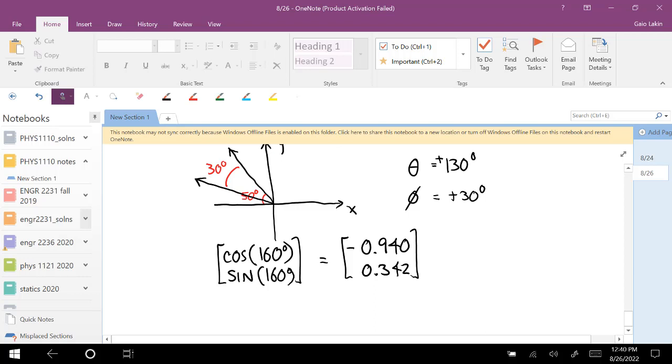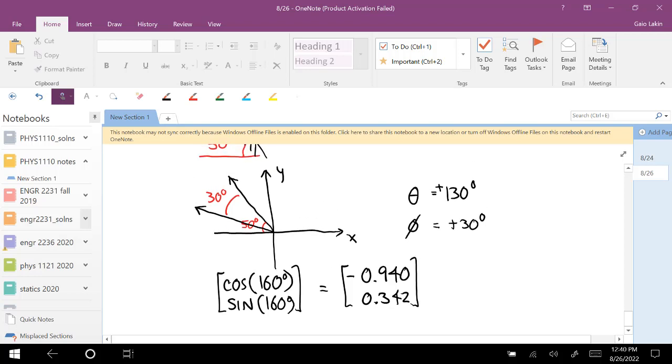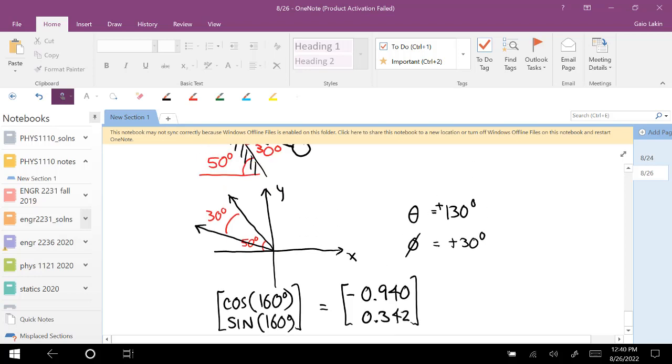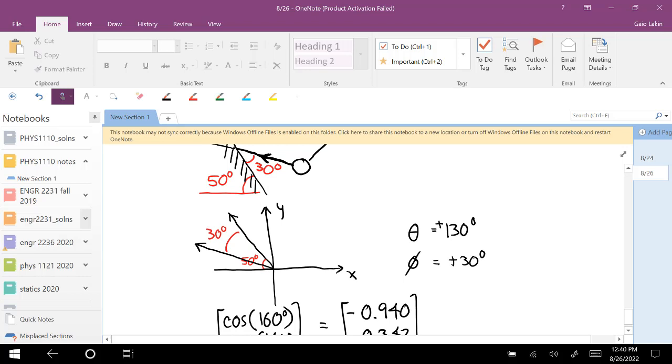Yeah. Really quickly, why was the phi angle 30? Because that second angle is, this is just a reference line, right? That's not the one we're looking for. Right.